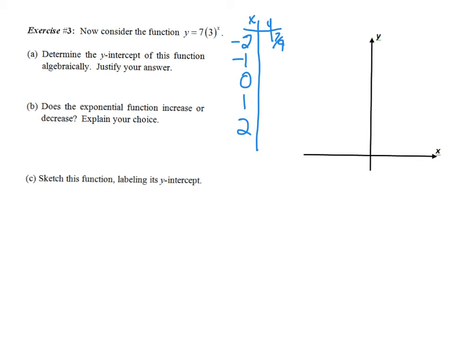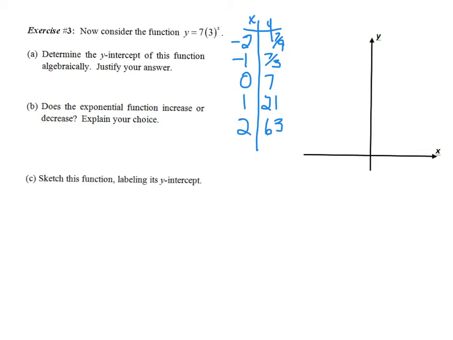For -1, we want to say 7 times 3 to the -1, so that'll be 7/3. 7 times 3 to the 0, well 3 to the 0 is just 1, so 7 times 1 gives us 7. 7 times 3 to the first, do the 3 to the first first, so 7 times 3, 21. And 7 times 3 to the second would be 7 times 9, which is 63.